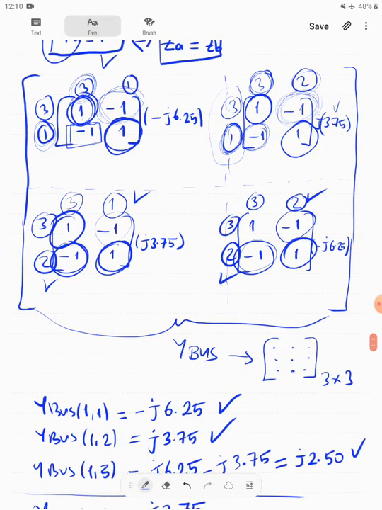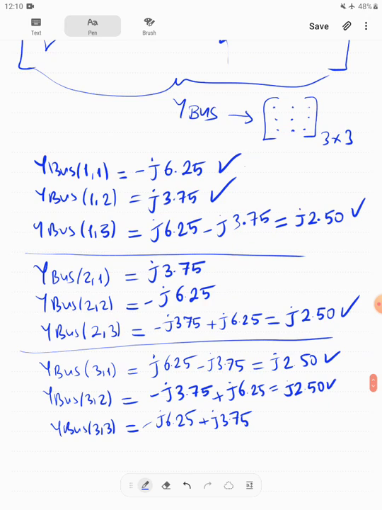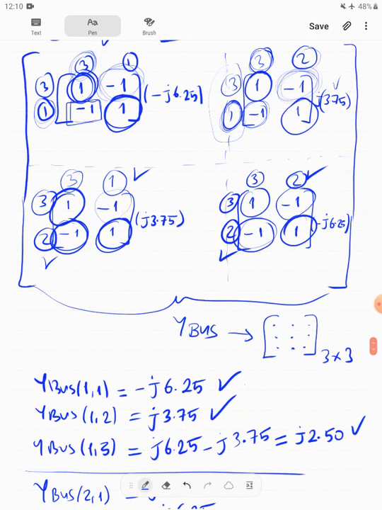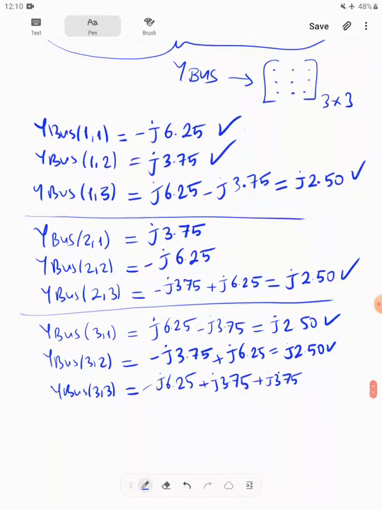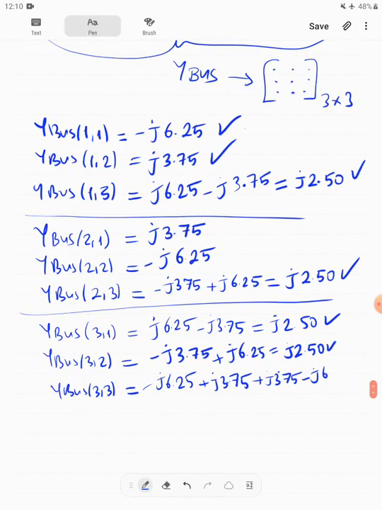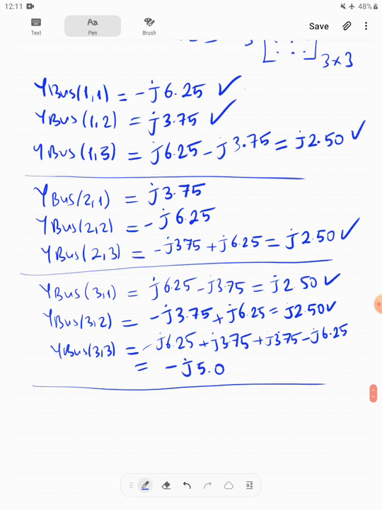Another entry is here, j3.75. And the last entry is here, minus j6.25. After the addition, we can say that the result is minus j5 per unit. So all 9 elements are completed in Ybus.